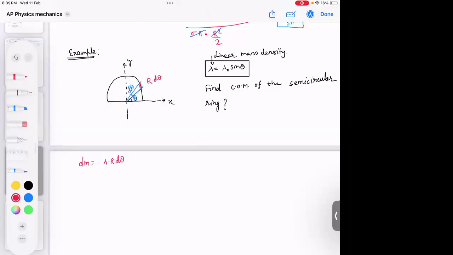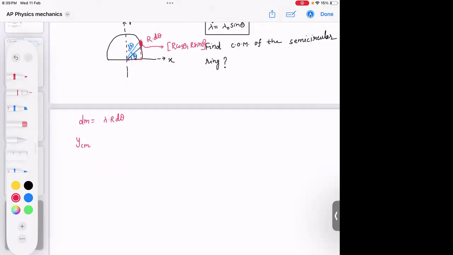Now I need the coordinate of this element. Let me calculate the y coordinate, r sine theta. The x coordinate you can calculate, and after integration you will find it is coming 0.